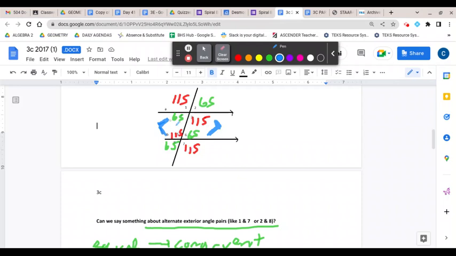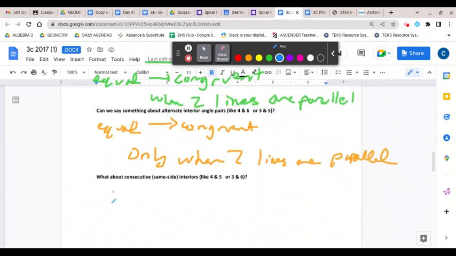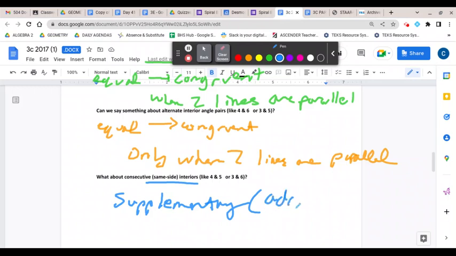They add up to 180. They're supplementary. Okay? Again, when we have these angle pairs here, either they're the same or supplementary. So if they're different, they're going to add up to 180. So same side interiors are going to be supplementary, which means we know they add to 180.